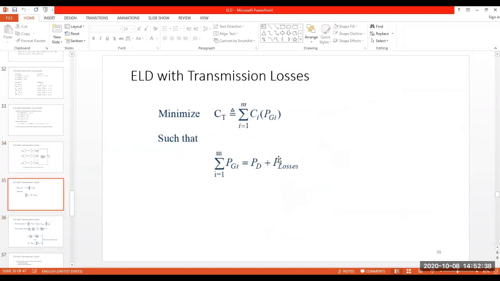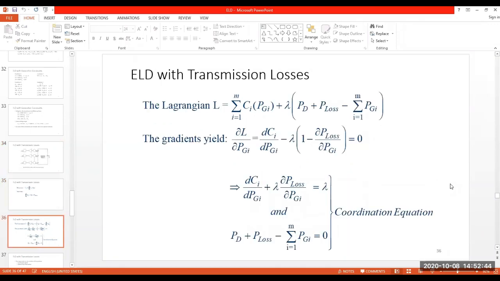I can represent these losses by some function of PGi. We will look at the equation in the next slide or the second next slide. But what I want to say now is that you can have some partial differentiation of P loss with respect to the generations.